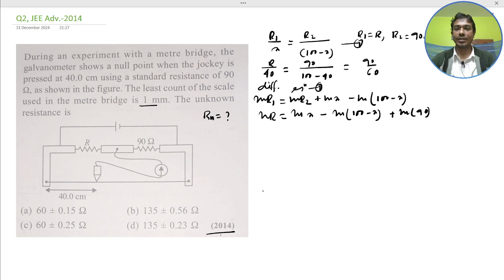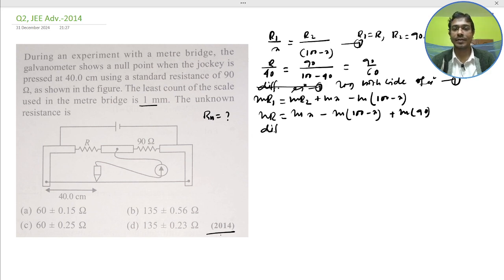Here we do not differentiate directly, we first take the log of both sides of equation 1.